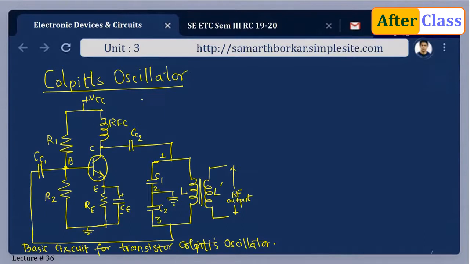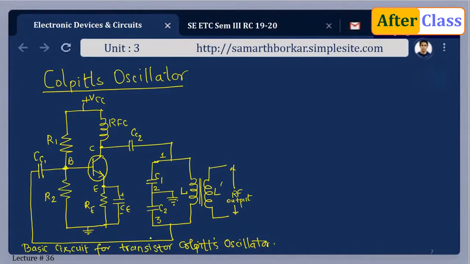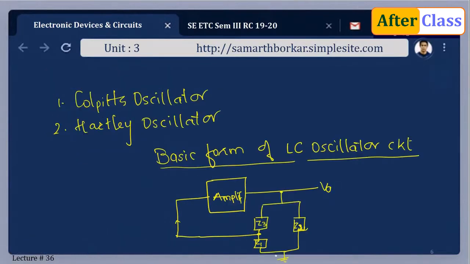So here is the circuit diagram for Colpitts oscillator. As we have discussed in the previous slide, this is the basic form. We have the amplifier. Now if you correlate to this particular circuit, this stage is a single stage amplifier, and here this Z1, Z2, Z3 is an LC tank circuit.